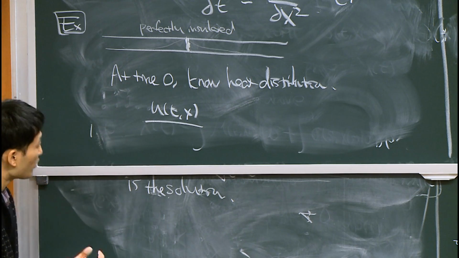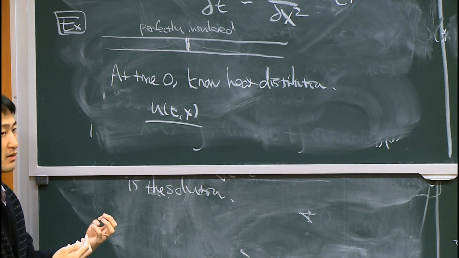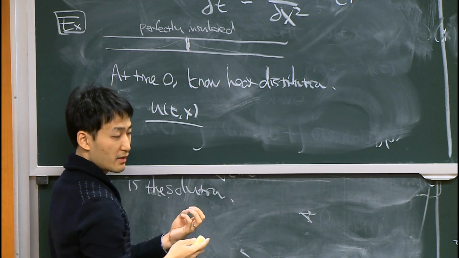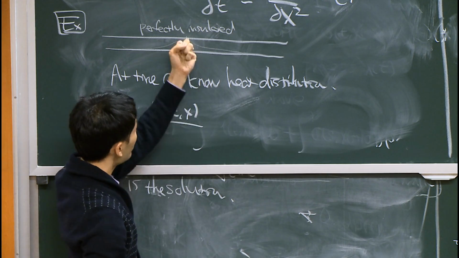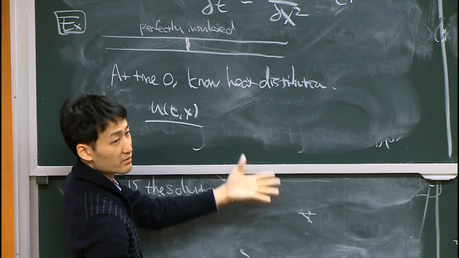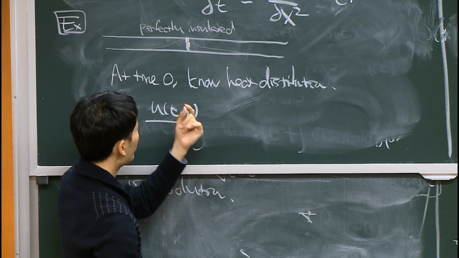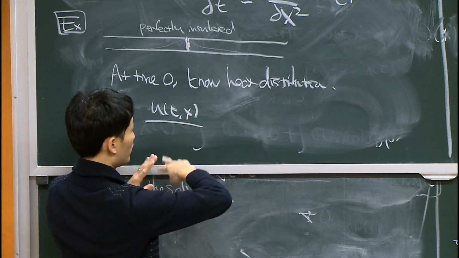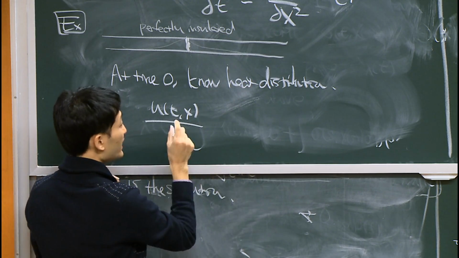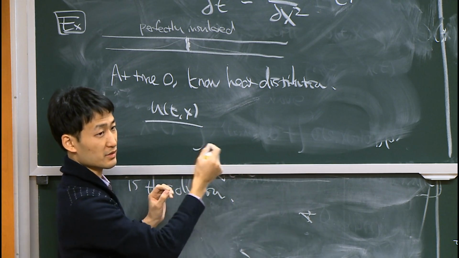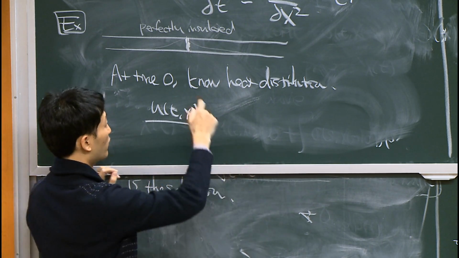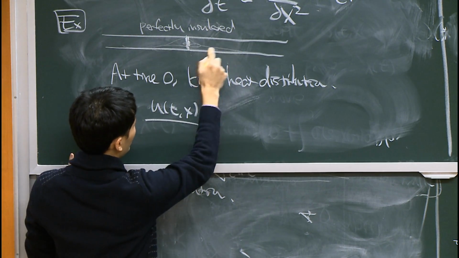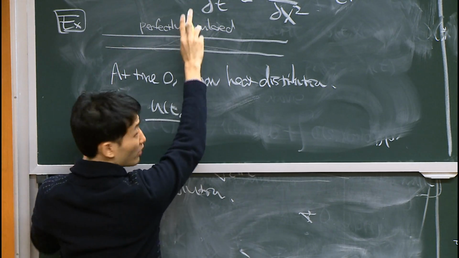In other words, assume that you have a bunch of particles. Heat is just like a bunch of particles, let's say millions of particles at a single point. At time t equals 0, you release them. Each particle is like a Brownian motion, so the location of each particle at time t will be distributed like a Brownian motion.